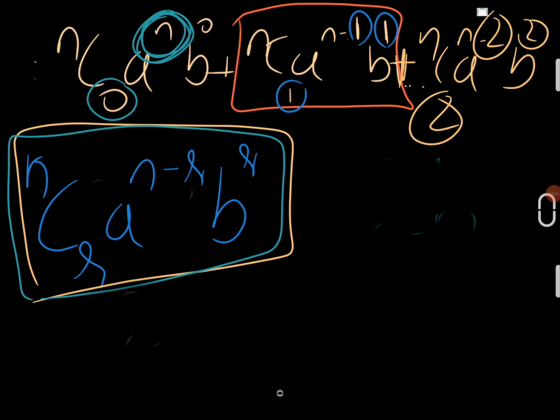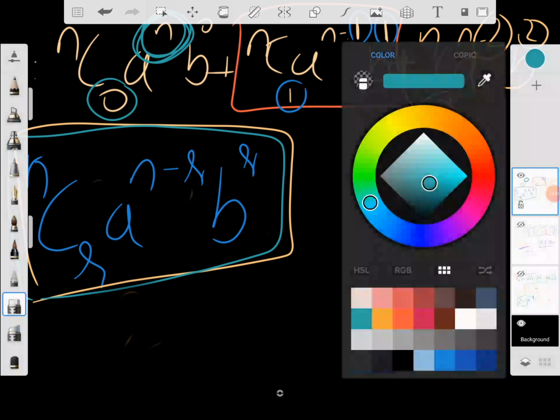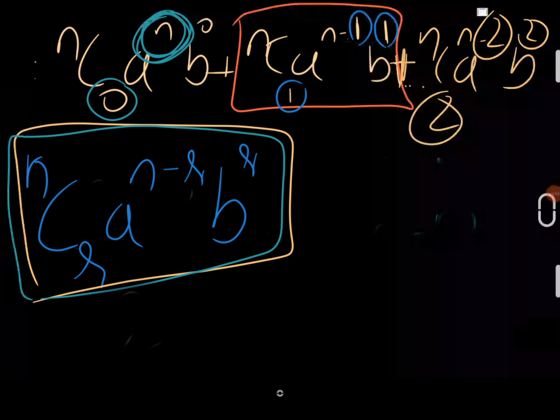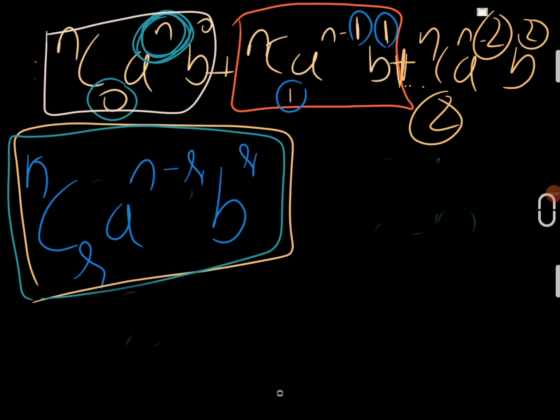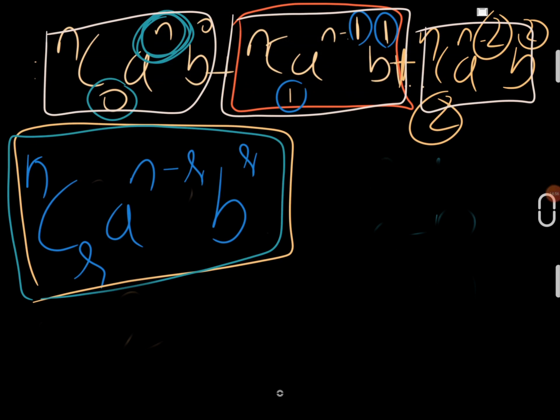But there's one more thing that I wanted to show you. Which color should I take? I'll take white. So this is your first term, and this is your second term, and this is your third term.